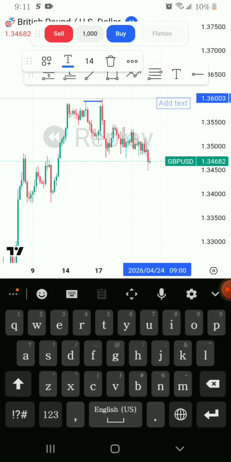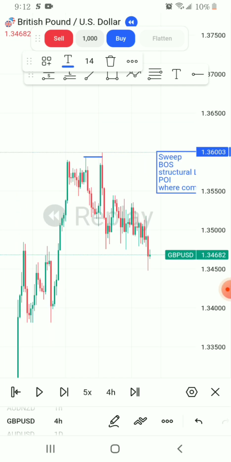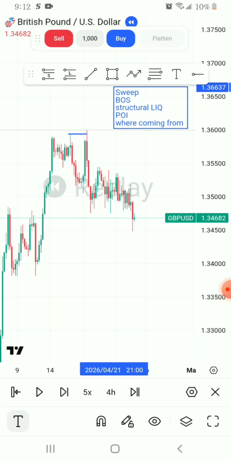You want to see your sweep, break of structure, structural liquidity. Mark your POI and where price is coming from. These are the things you'll be looking out for. I'll put them here so you can see them.